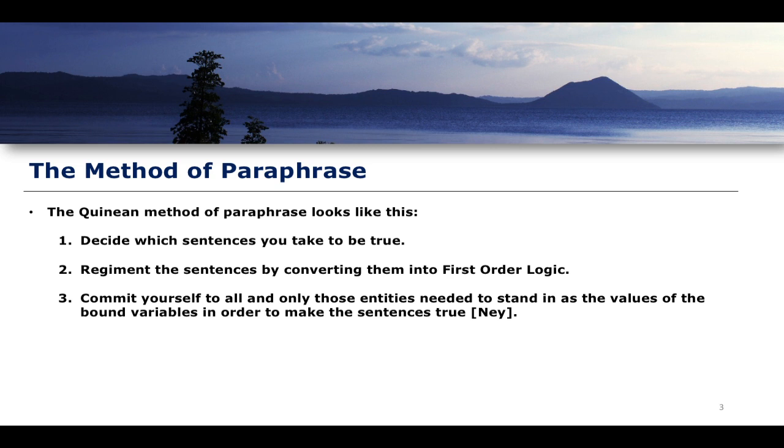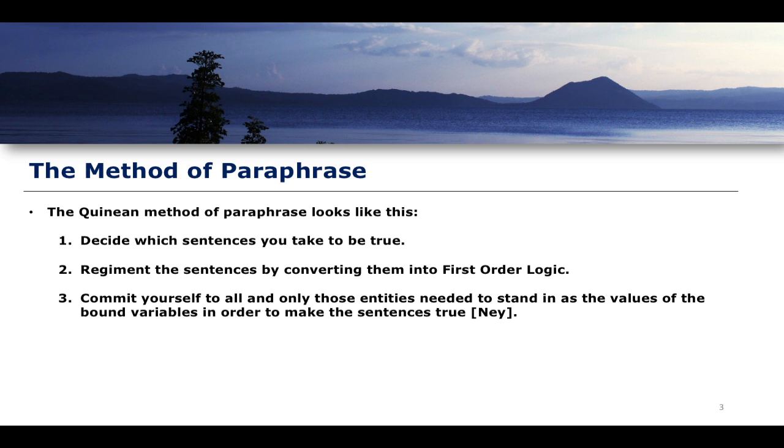So remember, when we regiment a sentence by converting it into first-order logic, we essentially take bound variables as the, quote, stand-in values for the sentence. The sentence itself is written in English, but when it is regimented into first-order logic, we have a number of different variables, predicates, connectives and quantifiers that we use to express that sentence.